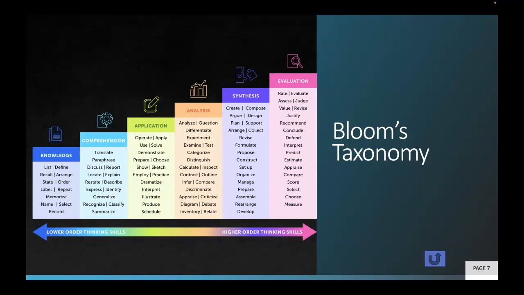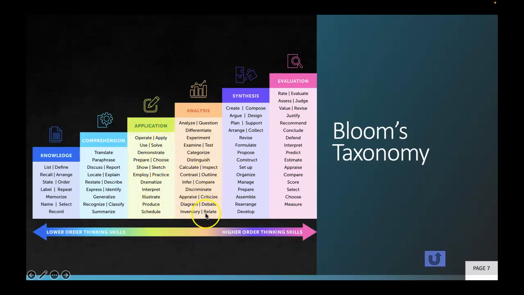So lower order on the left and higher order on the right. And typically when we think of a continuum, we think of that left to right thinking. But I kind of like this depiction of it. But remember that we're aiming at least at the application level most of the time.